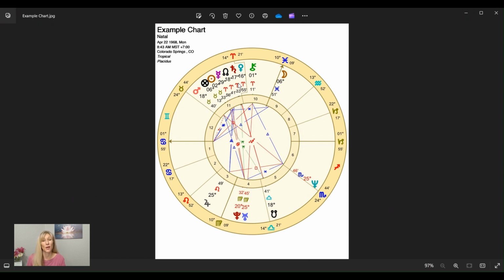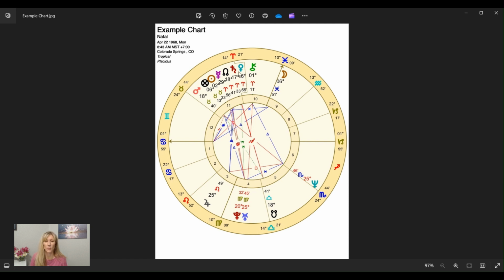But there are so many other possibilities as well, so we can't end it there. We have to always look at our chart holistically to see the whole picture of what's going on. So now you know the aspects tell us a great deal more about your behavioral tendencies based on what planets are involved.